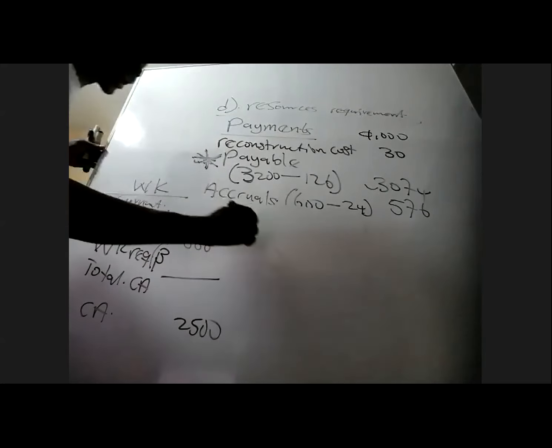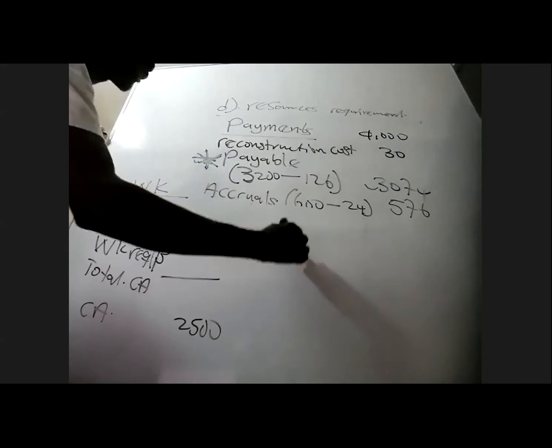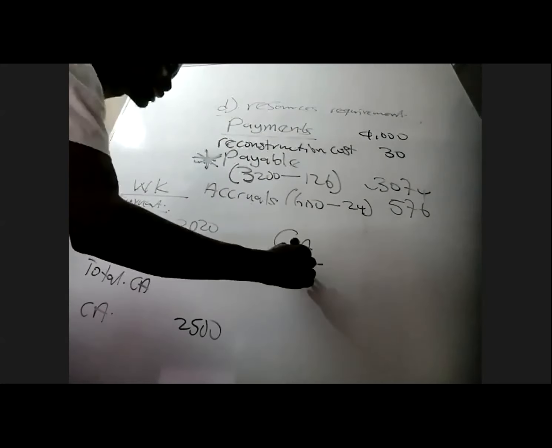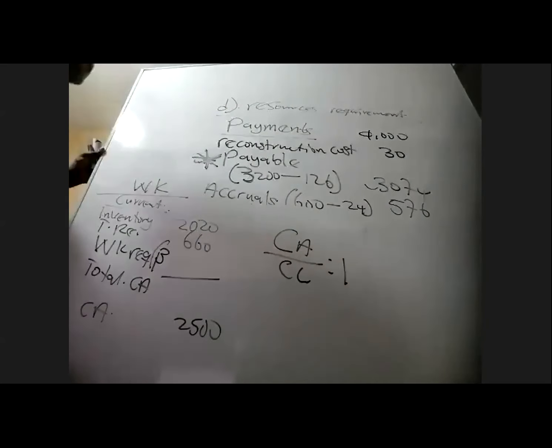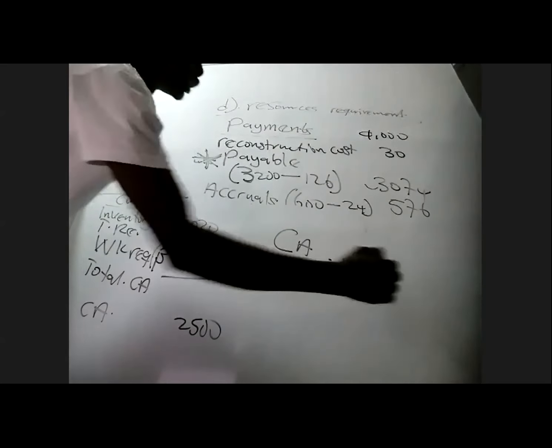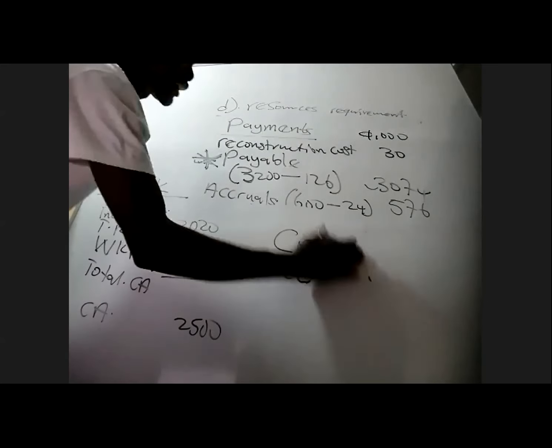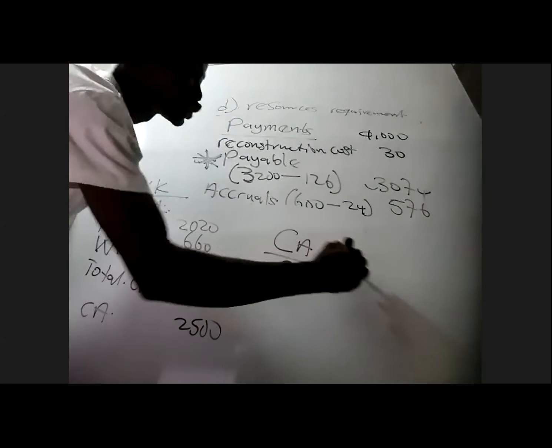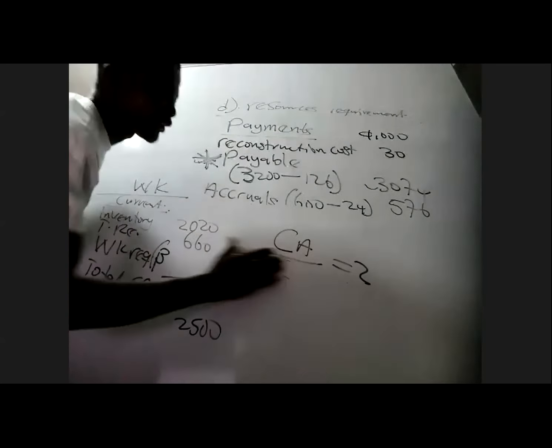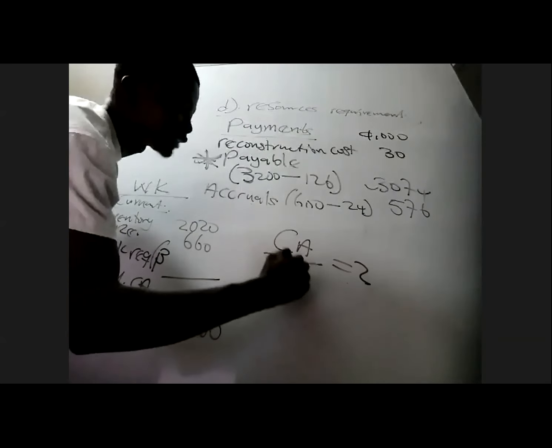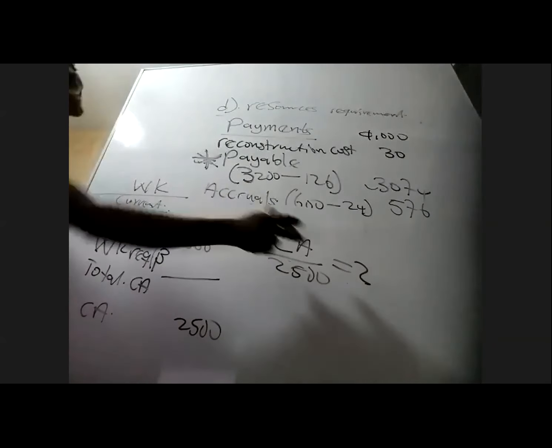We are saying the current ratio, which is current assets over current liabilities, is 2 to 1. If current asset divided by current liability is equal to 2, and you know current liability to be 2,500, it is elementary. Make current asset the subject.